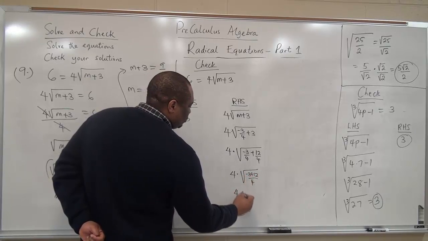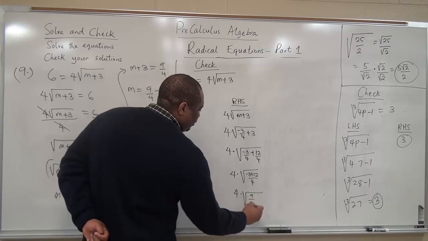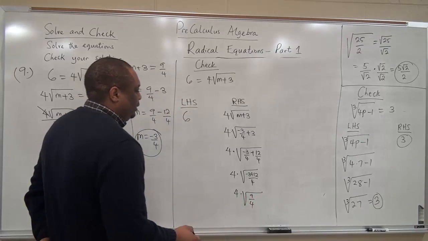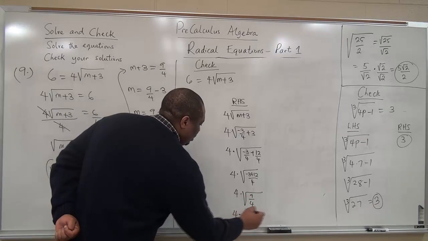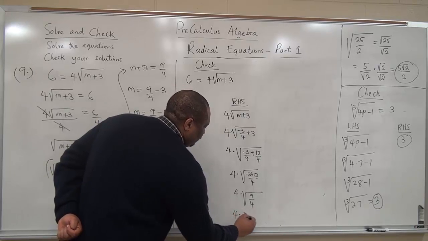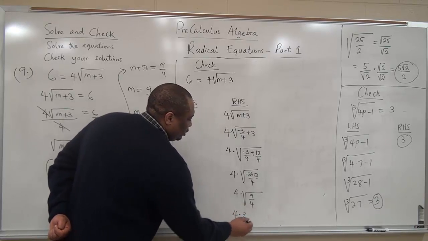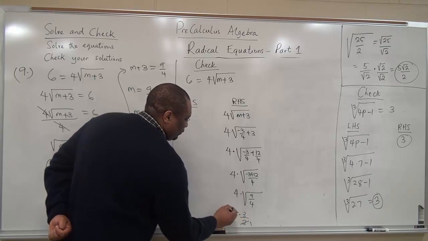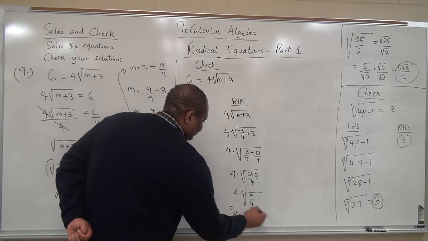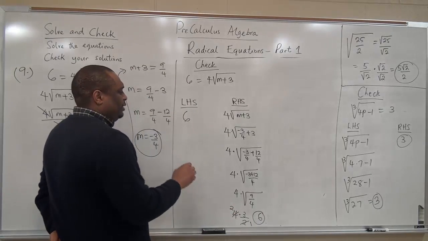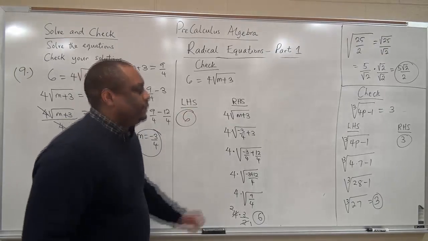This is 4 times square root of 9 over 4. Right? Which is 4 times, square root of 9 is 3 over square root of 4 is 2. 2 into 2 is 1, 2 into 4 is 2, 2 times 3 is 6. 6 on your right, 6 on your left.